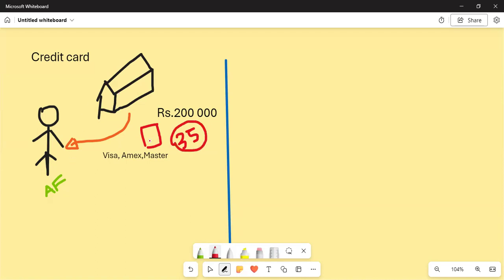Just because you have the card, you can't just spend, right? Every time you have to pay also. Yes, it is possible to withdraw from an ATM also. Therefore, 200,000 you have to use. You can use it for the month of May, but within a particular time period. Let's say within 35 days you have to pay it.